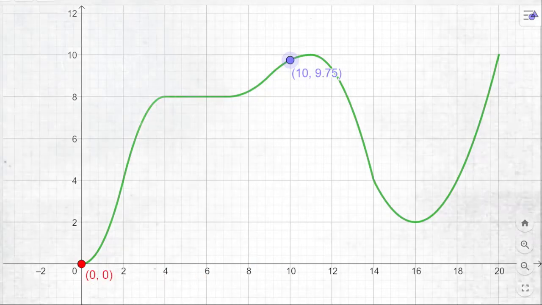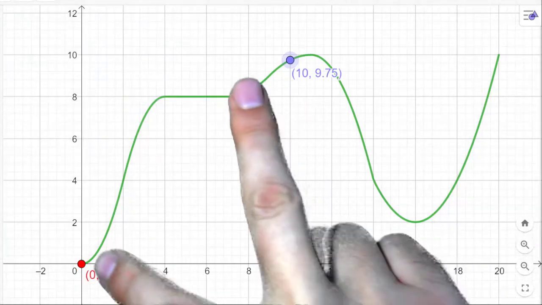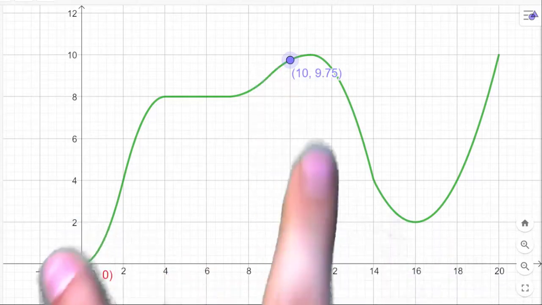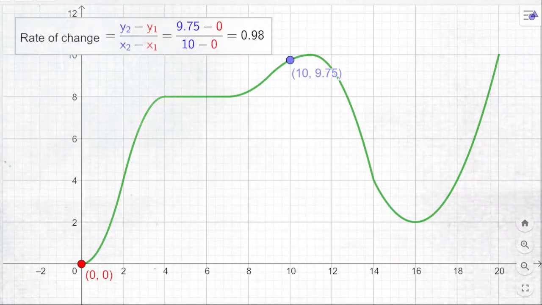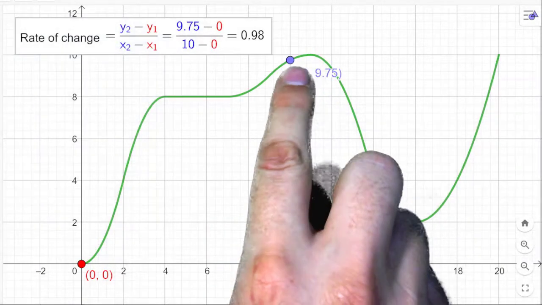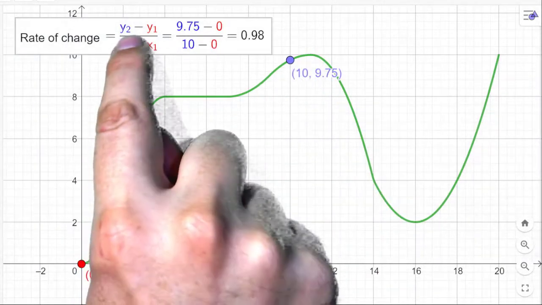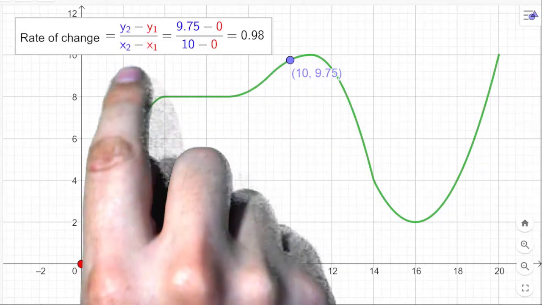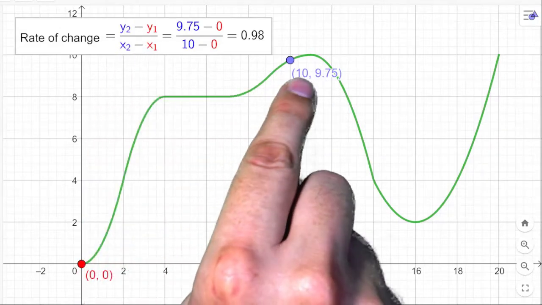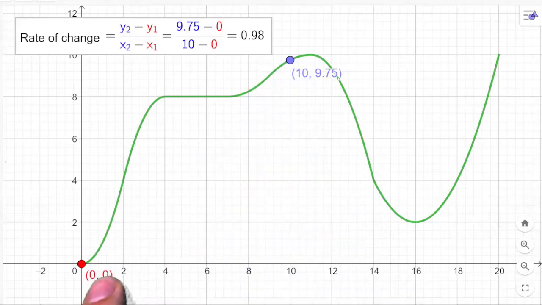So we're going to look at the ratio of the change in heights divided by the change in times. And that's exactly what we've done here. We've computed the difference in the y-coordinates of these points, y2 minus y1, the y-coordinate here minus the y-coordinate there, and divided by the difference in the x-coordinates, the x-coordinate of this point minus the x-coordinate of this point.